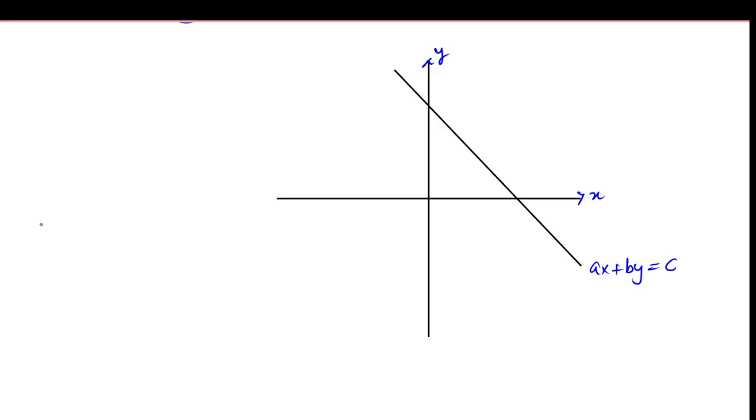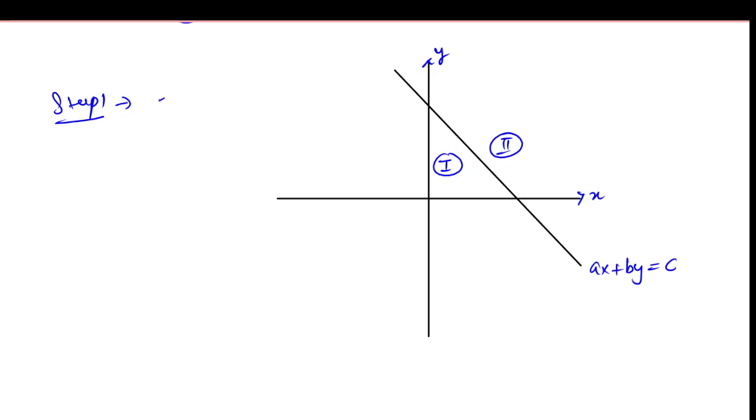So step 1 is we have to find, so this is the first region and this is the second region, so we have to find which region is the upper half and which region is the lower half.